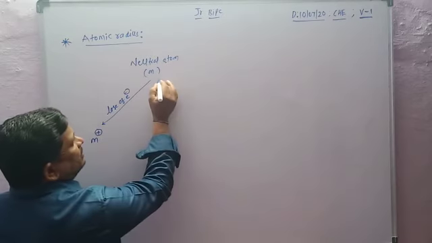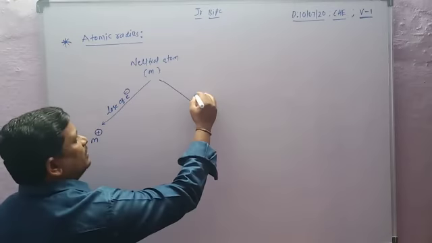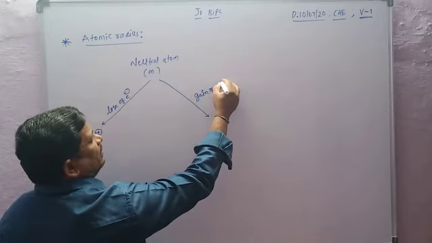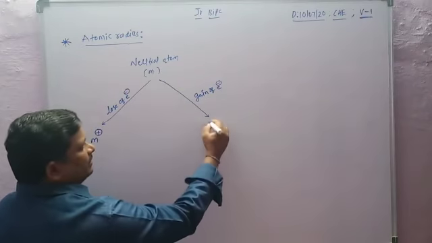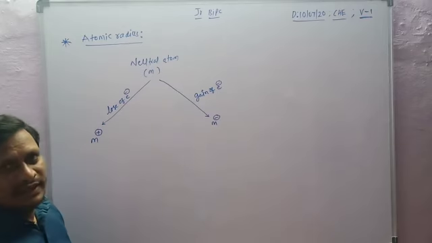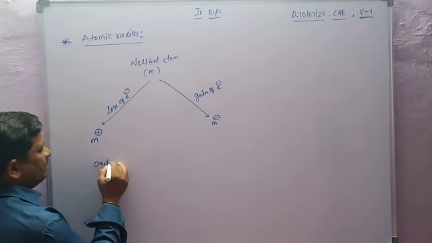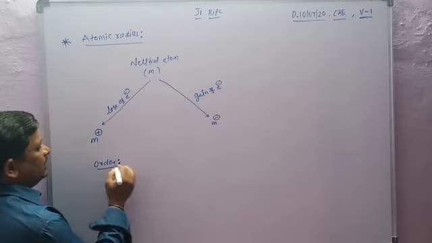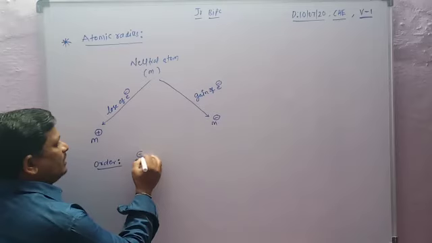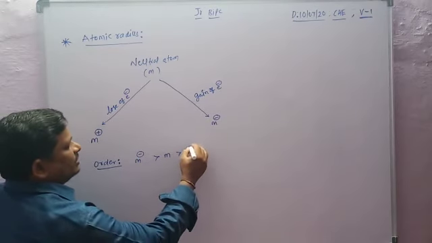If a neutral atom gains an electron, it gets a negative charge, M minus. Now the order of these ions: negative ion is greater than neutral, which is greater than positive.